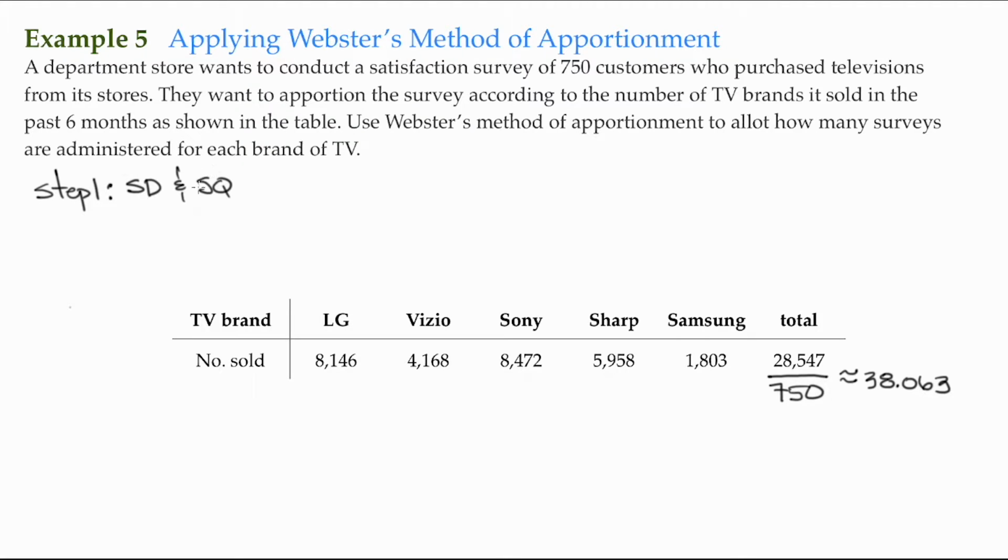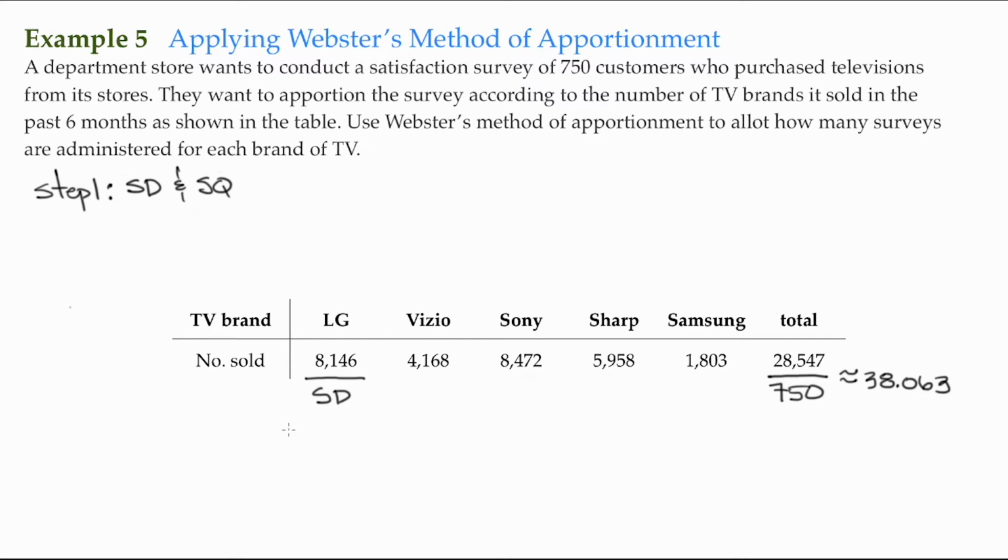So now in order to determine the standard quota, we divide that into each one of the subgroups here. So rather than write in 38.063, I'm just going to write in as before standard divisor. So 8,146 divided by the standard divisor of 38.063.